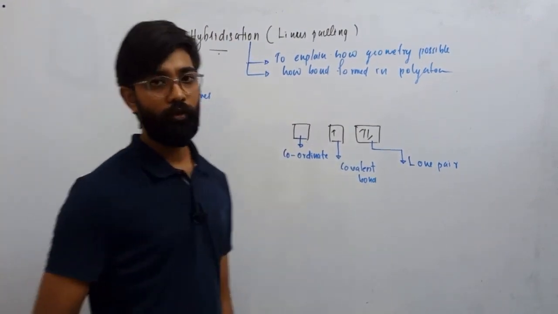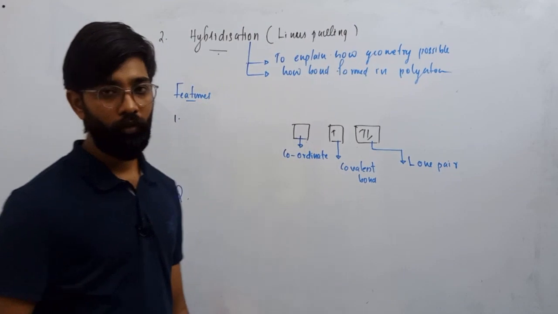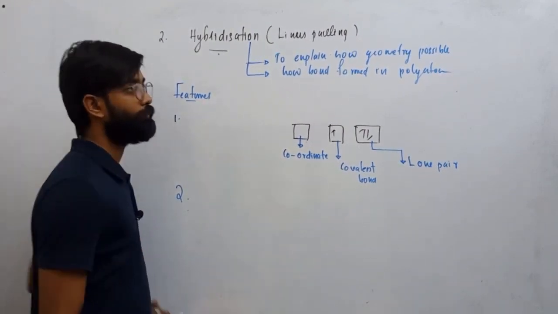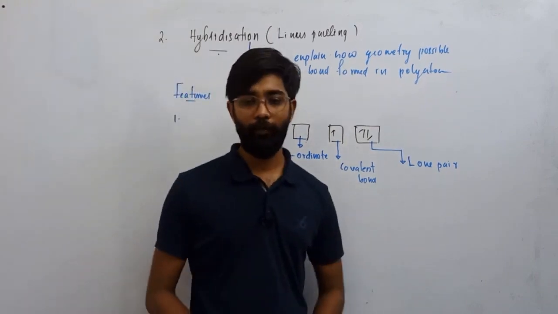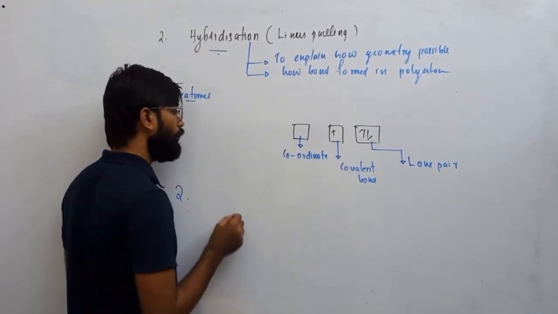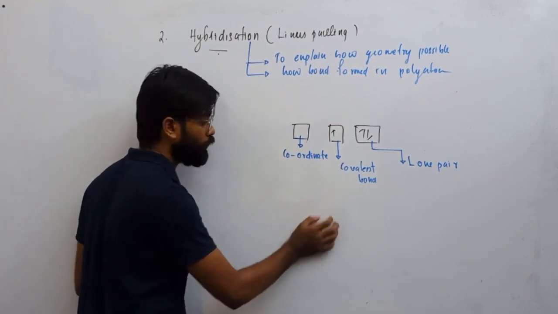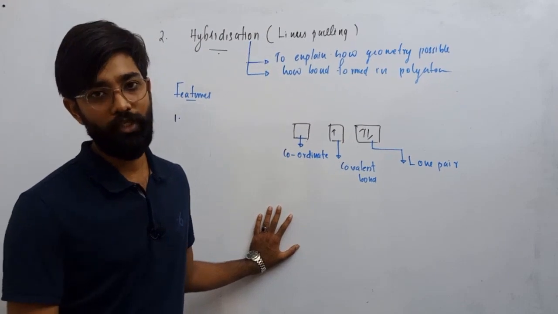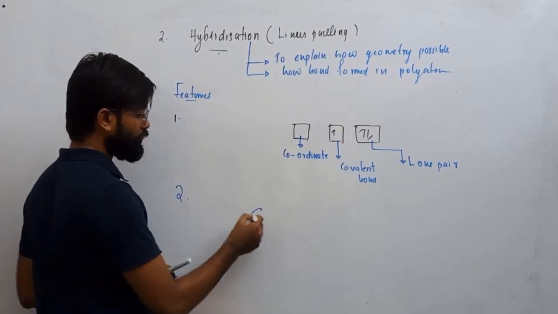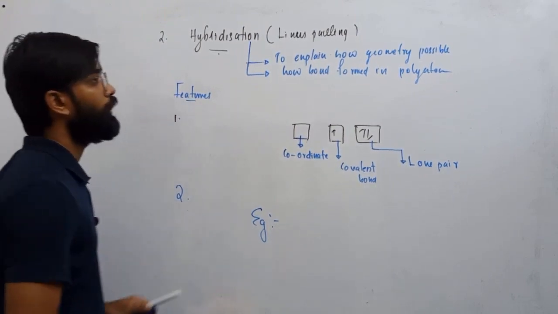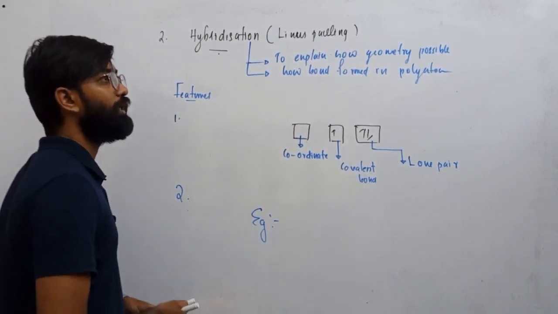The second point, okay, the number of hybrid orbitals formed will be equal to the number of atomic orbitals intermixed.